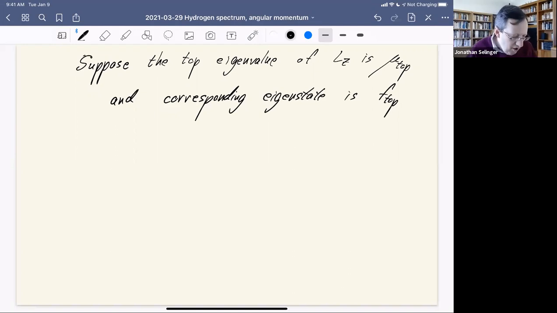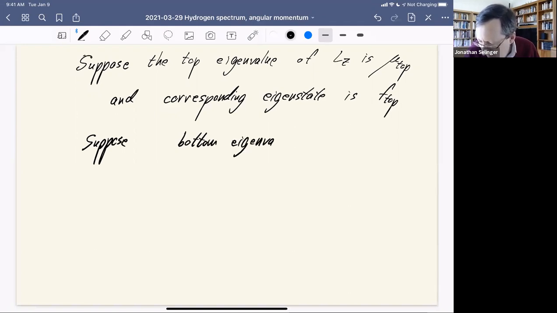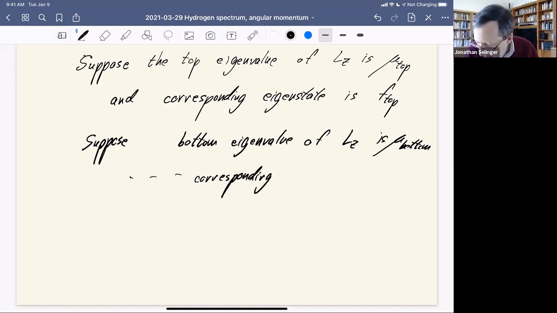And likewise on the bottom, suppose the bottom eigenvalue of Lz is mu bottom, and the corresponding eigenstate is F bottom.